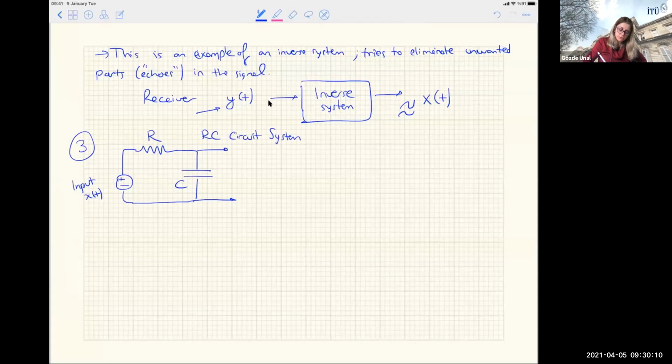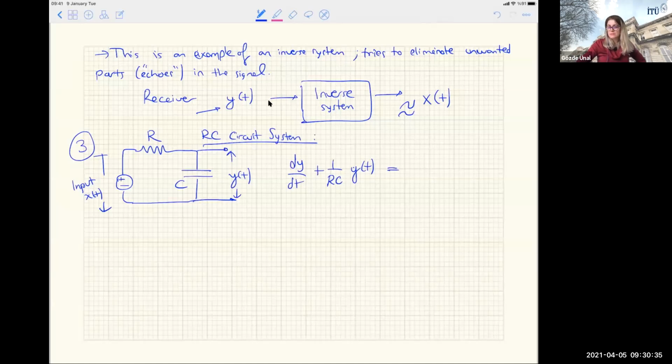Input is the voltage here, and remember, output is the voltage at the capacitor. This system is modeled by a differential equation, for instance, dy by dt plus 1 over RC. You are not responsible for the circuits, but it's some intuition you should know.